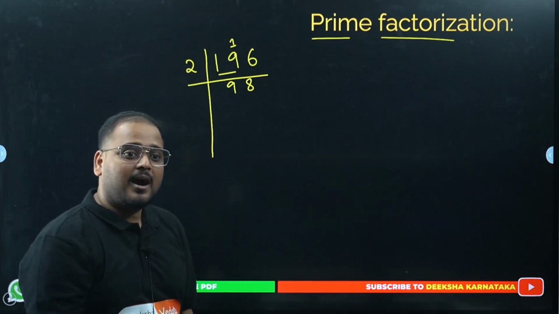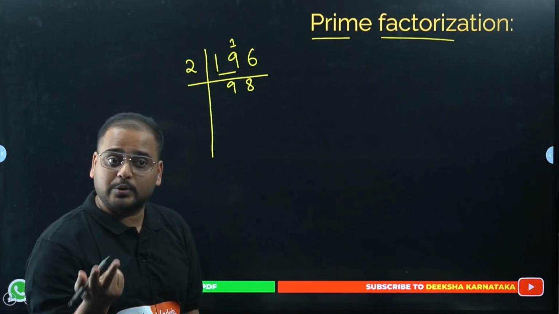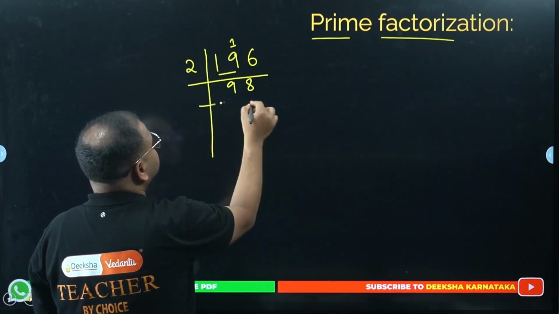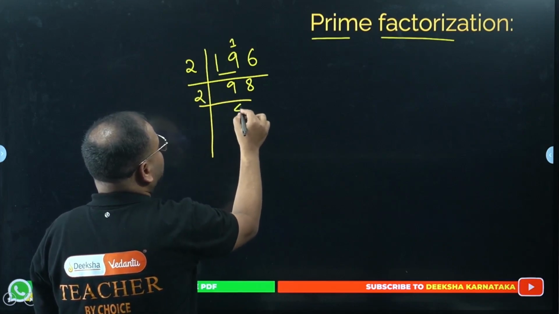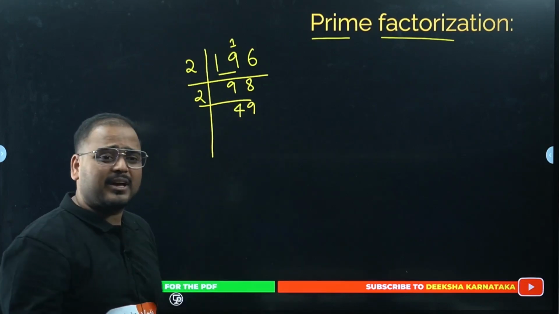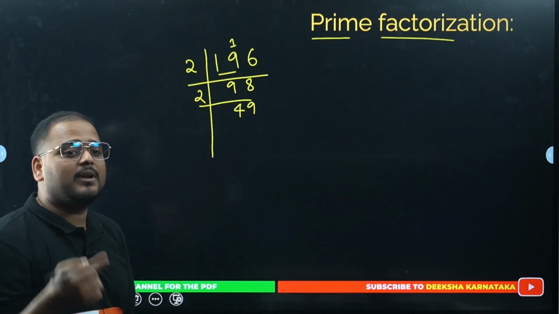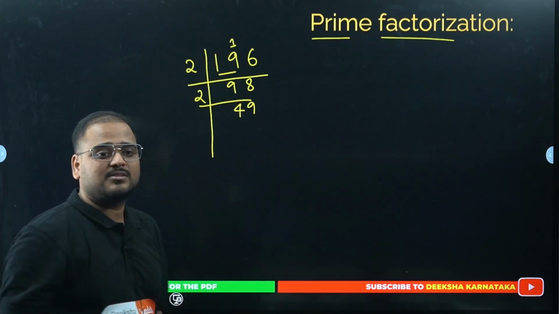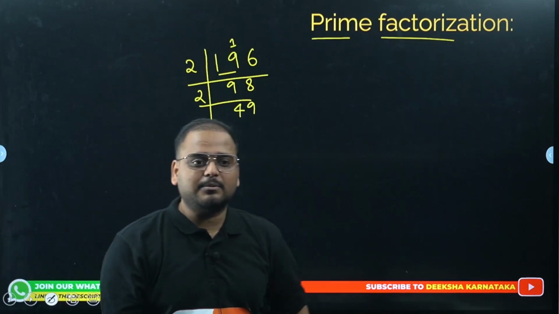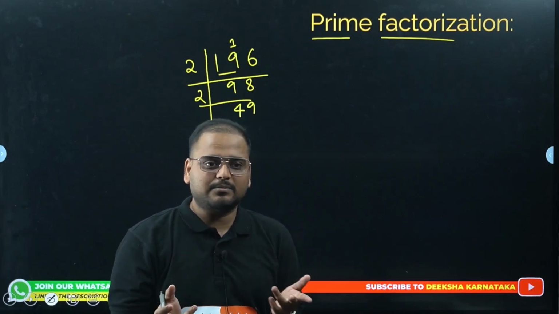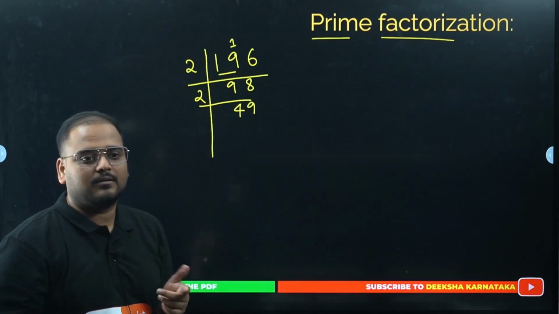First part is done. Again it's an even number. I can take 2 again. 2 is a prime number. Let's take 2 again. So 49. Now can I take 2 again? No, it's not an even number anymore. Now what can we do? Let's check with 3. 9 plus 4 is 13. We all know the divisibility, right? 9 plus 4 is 13, not divisible by 3.